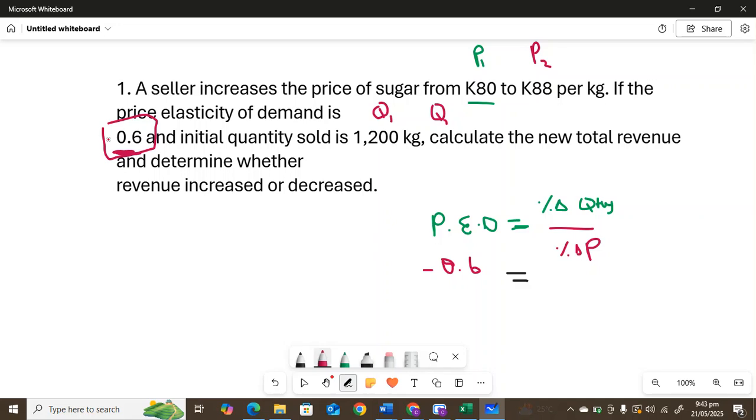But the question is, why is there a negative value?